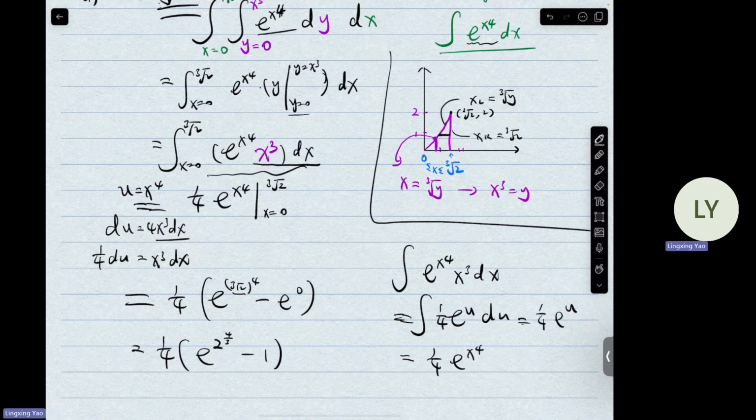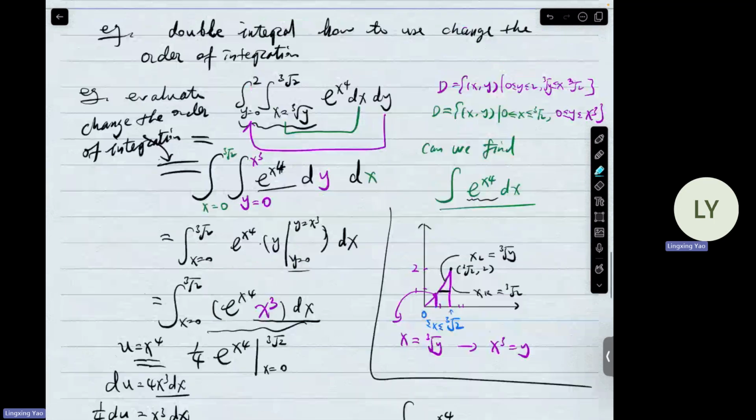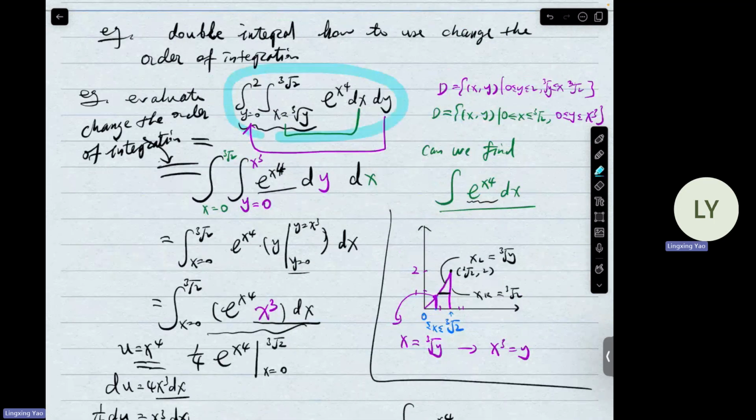Okay. And this tells us, if we review the process, the original iterated integral set up for a double integral in this domain is really hard to integrate because of the integrand, right? So the trick we played here is to realize this integrand has nothing to do with this y variable.